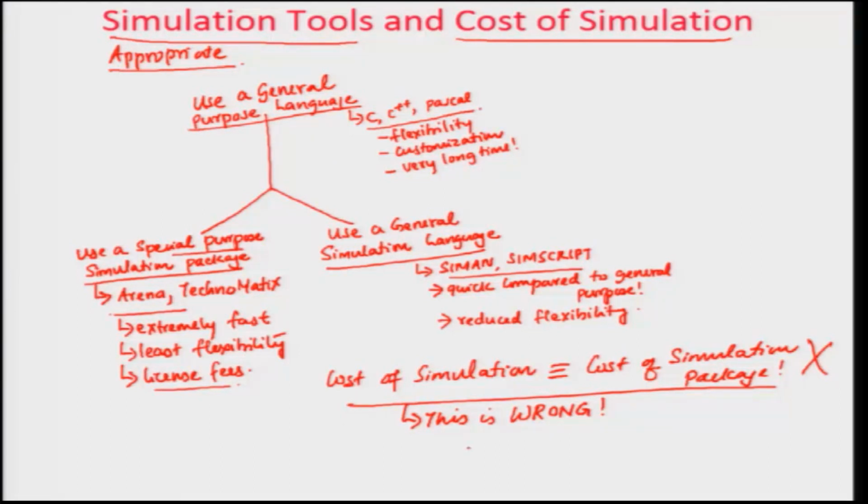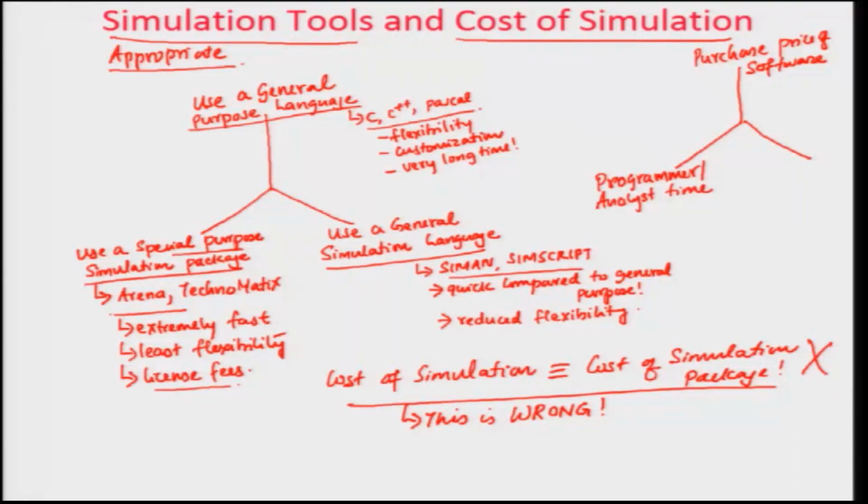So, there are three major components in the cost of simulation. At least three. The major three are the purchase price of software, so that is only one part of it. Then programmer/analyst time.